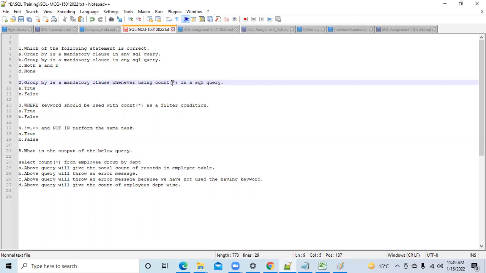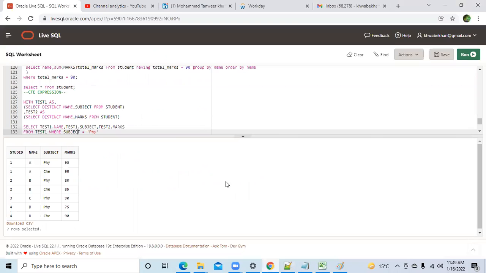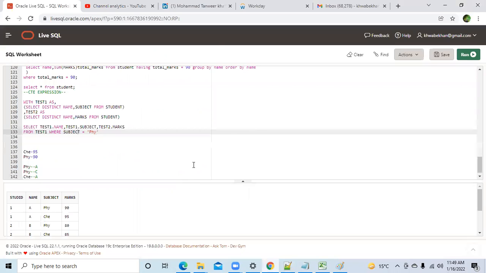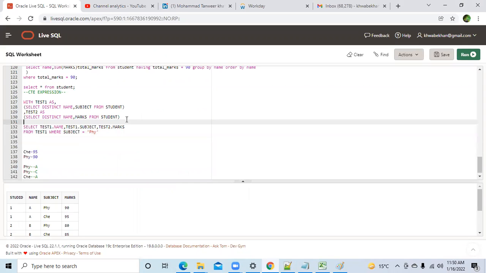Any other question, guys? Yes, I have a question about the Oracle platform. Here you have written a comma after test one as, then select. But after test two as you have not used a comma.